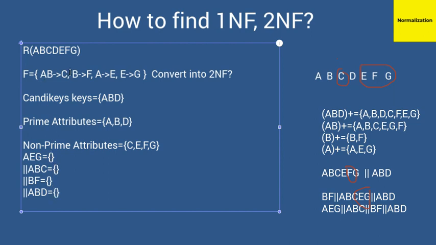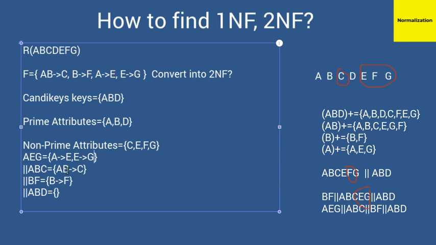So here AB gives rise to C, you need to include AB gives rise to C, and here B gives rise to F. And A gives rise to E. Oh sorry, not here, A gives rise to E. Then the last one is E gives rise to G, so include this E gives rise to G.